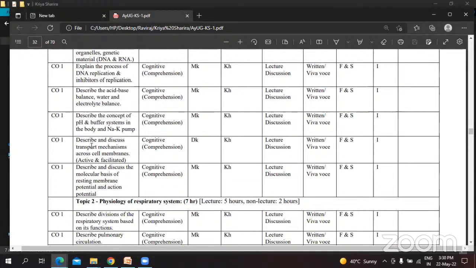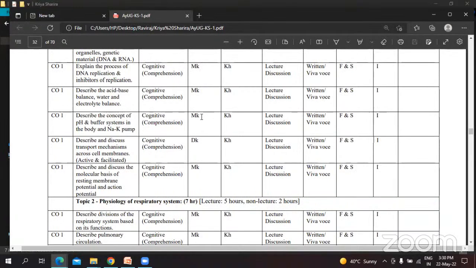Yes, can anybody read this? Describe and discuss transport mechanism across cell membrane, active and facilitated. Now, again, the domain is cognitive comprehension, and here it is written as DK, right? It is not written as MK. MK stands for must know.